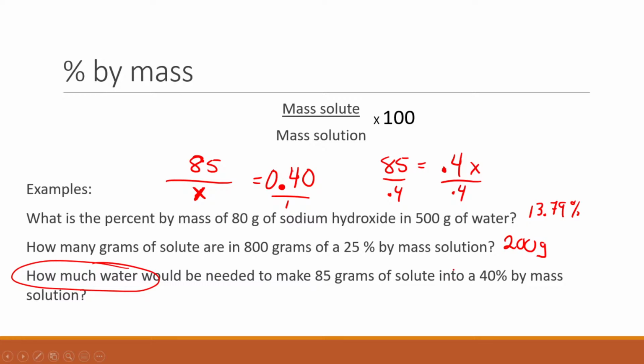Just gonna double check that number. Yeah. X equals 212.5. And again, though, we just solved for x, which is mass of the solution. We want the amount of water. We don't want solution, we want solvent. So we're going to take away our 85 grams of solute to be left with just our solvent, which is going to be 127.5.